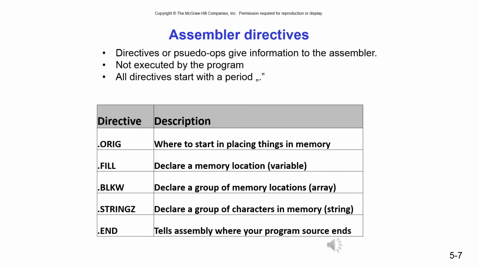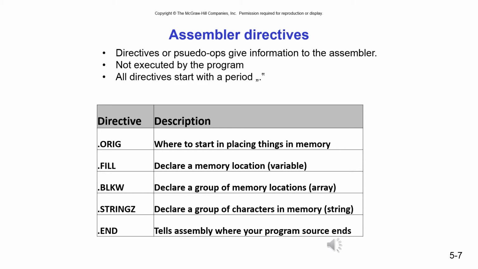So in the previous demo, I used an assembler directive, .fill. These all start with a period, and they have different purposes. We've already been using .ORIG, O-R-I-G, which specifies where to start placing things in memory.